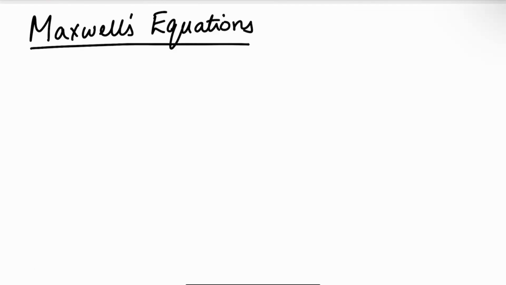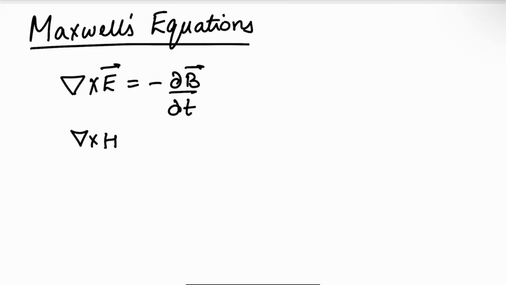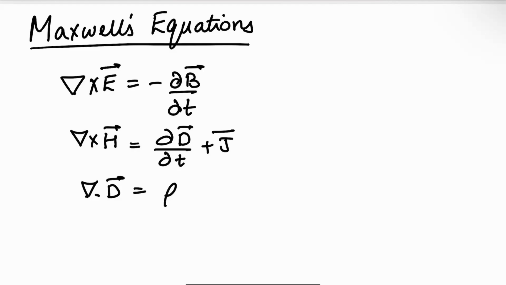So, today we'll do Maxwell's equations. Okay, so we'll start with the point form of Maxwell's equations, which is curl of E equals minus dB over dt. Curl of H is dD over dt plus J. And then we have the divergence of D equal to rho and divergence of B equal to 0, right?